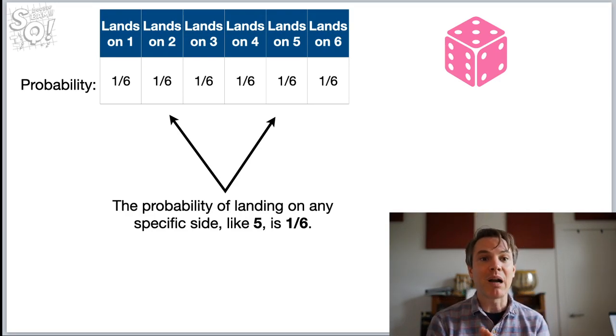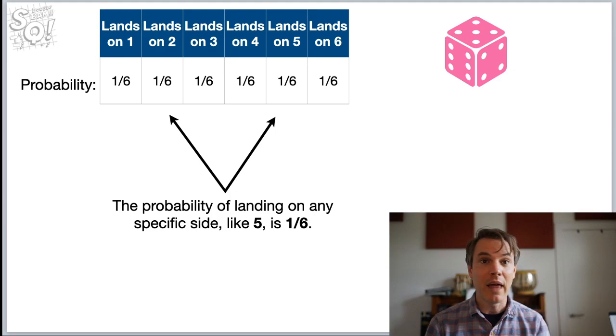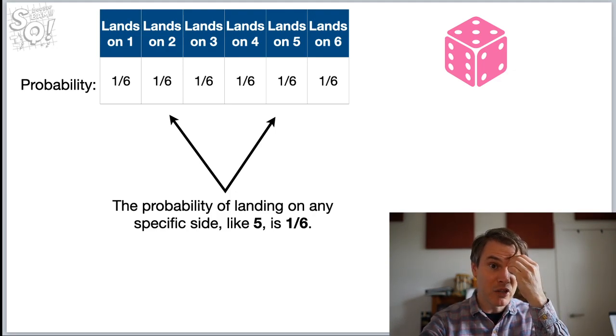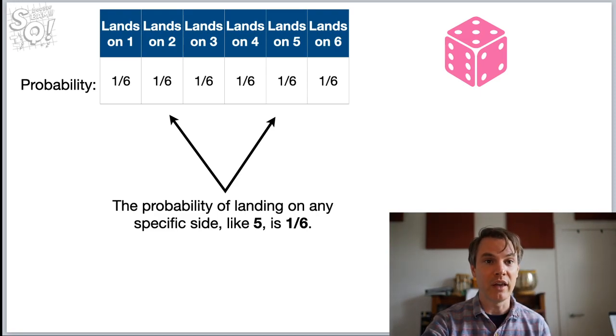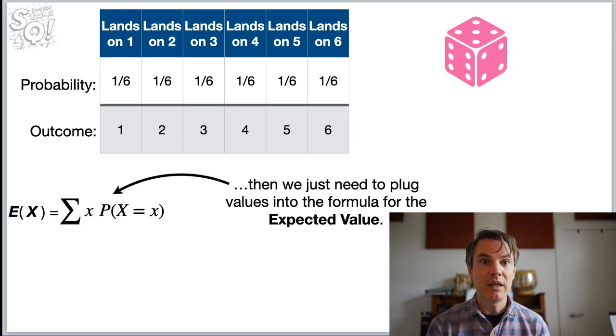Okay, imagine we're rolling this die, and the probability of landing on any specific side, like having 5, like we have over here in the image of the die, is 1/6. Now, if we want to find the expected value or the average value of rolling the die a bunch of times, then we just need to plug in values into the formula for the expected value.